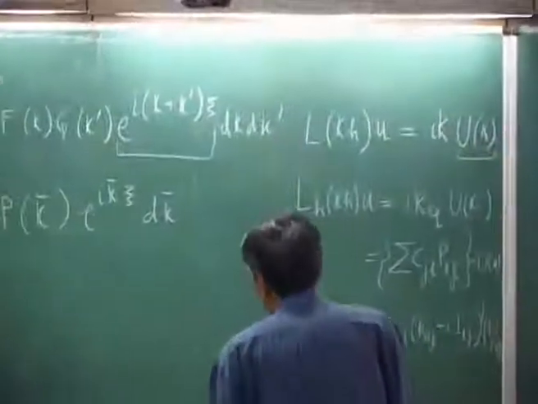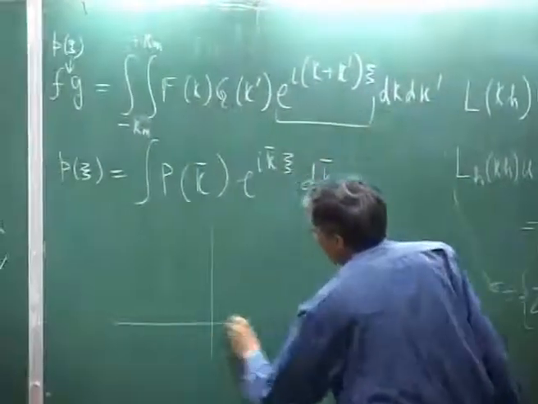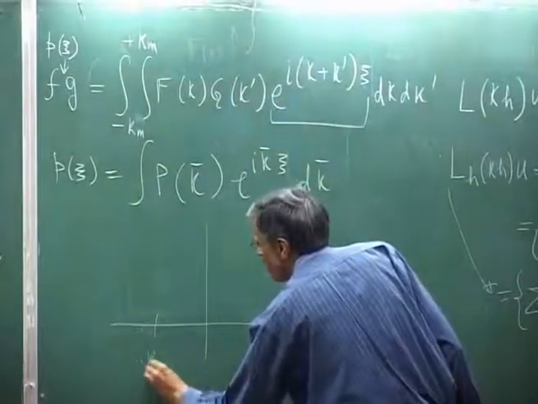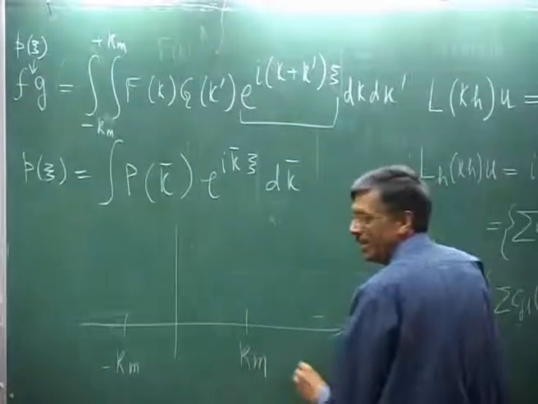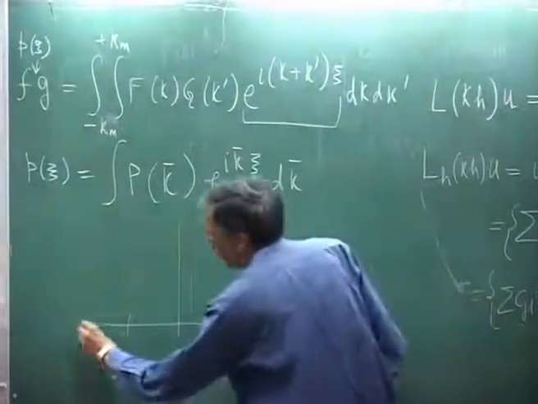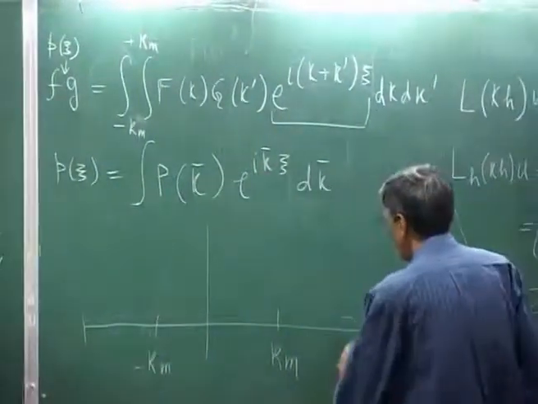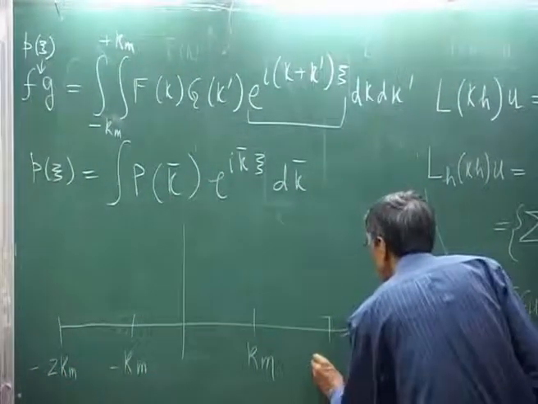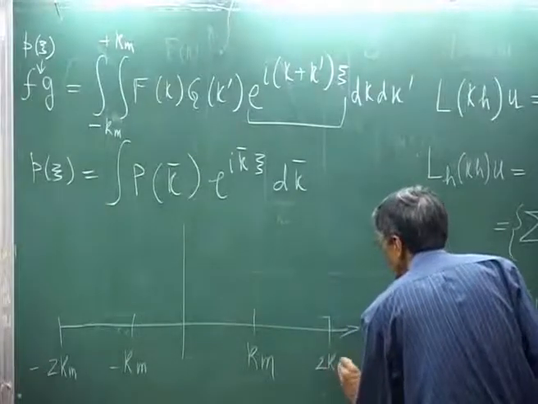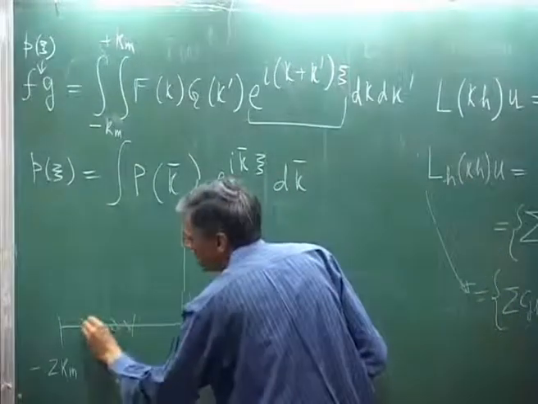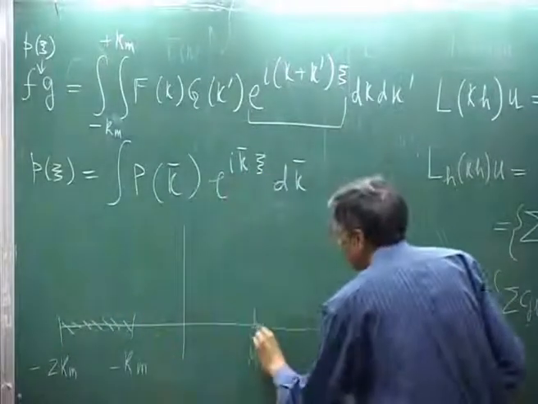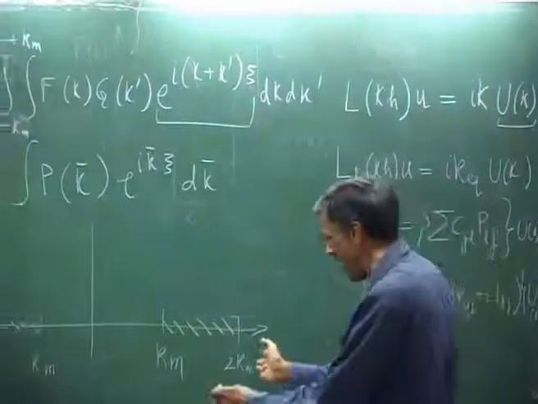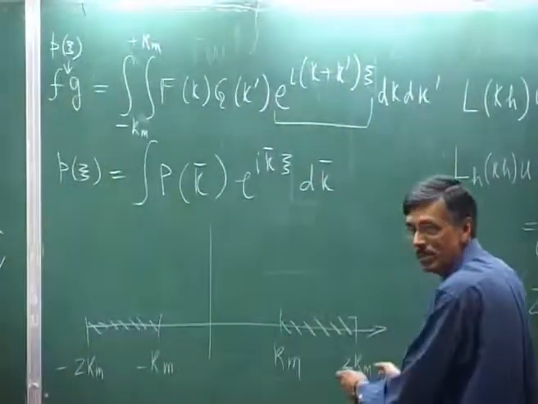So if I am trying to resolve a problem from minus k max to plus k max, and in the process I spill out to say minus 2k max to plus 2k max, what happens to this region? They cannot physically stay there. Okay? At the same time, this problem is repeated, right?